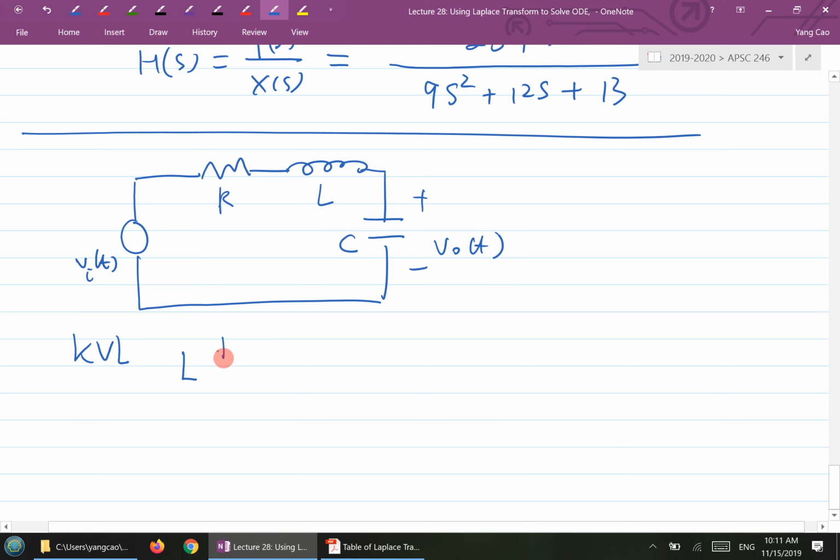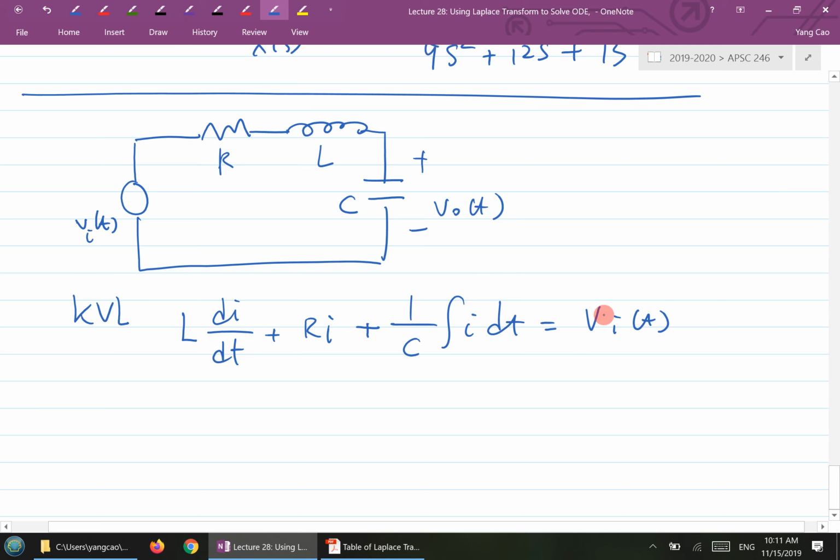So when you add up all the voltages across each component, you should end up with the same as the input. And the input is Vi, and the output here is the voltage across the capacitor. So that's 1 over C integral of i dt.